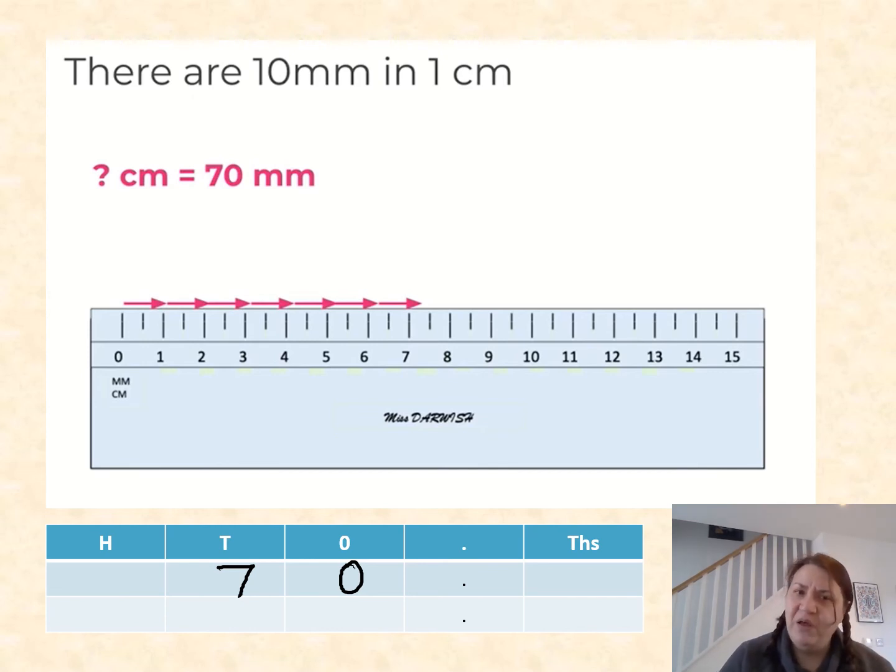So instead of multiplying, what am I going to do? I'm going to divide. So there's only 1 0 on the end of 10, so I'm only going to move them once to the right. So my 0 would end up over here and my 7 in there. And of course we don't need that 0 because it would just be a placeholder. So I can say that there are 7 centimetres in 70 millimetres. And actually the diagram does show us that, doesn't it?